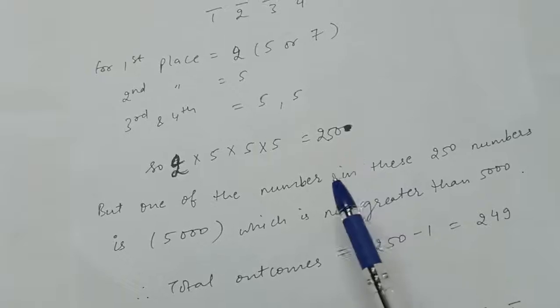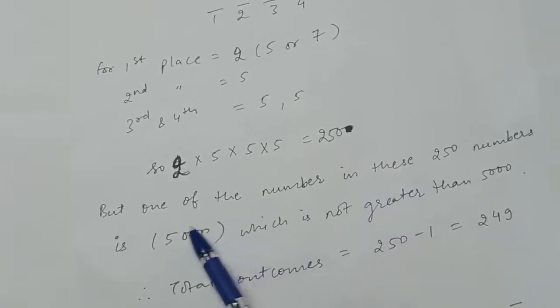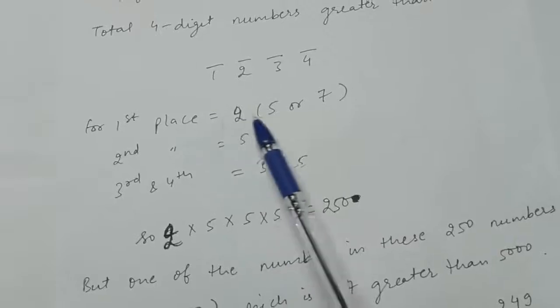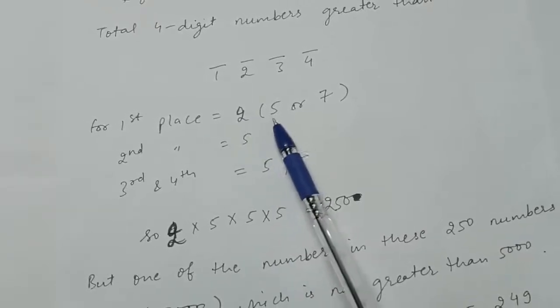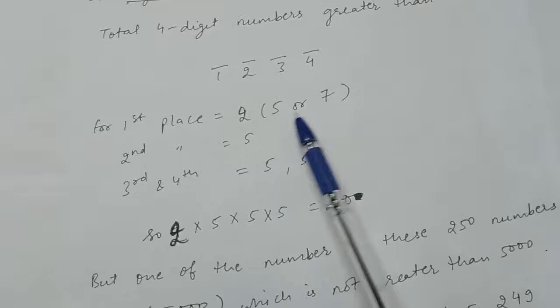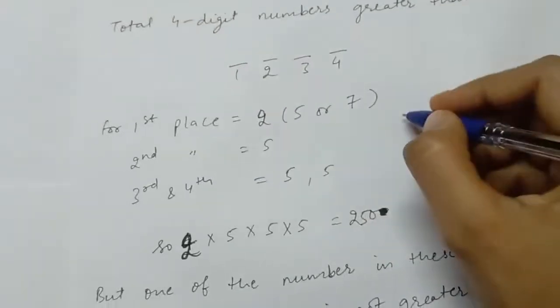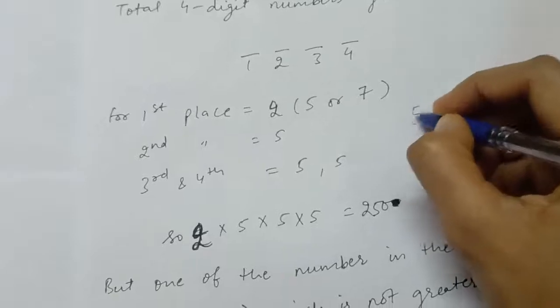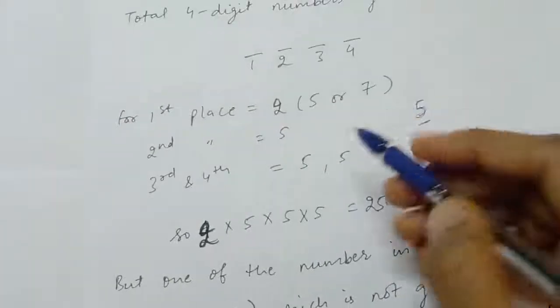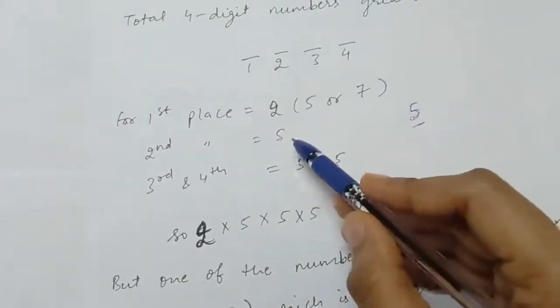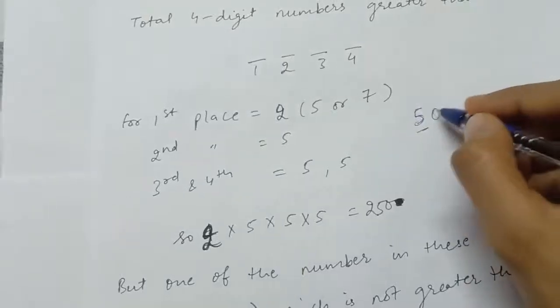Now see, what is that one case which will form the number 5000? See, at the first place I have said that there can be 2 options, 5 or 7. So let us fix at the first place 5, right? Now for the second place, any of the 5 digits, so I can select 0.